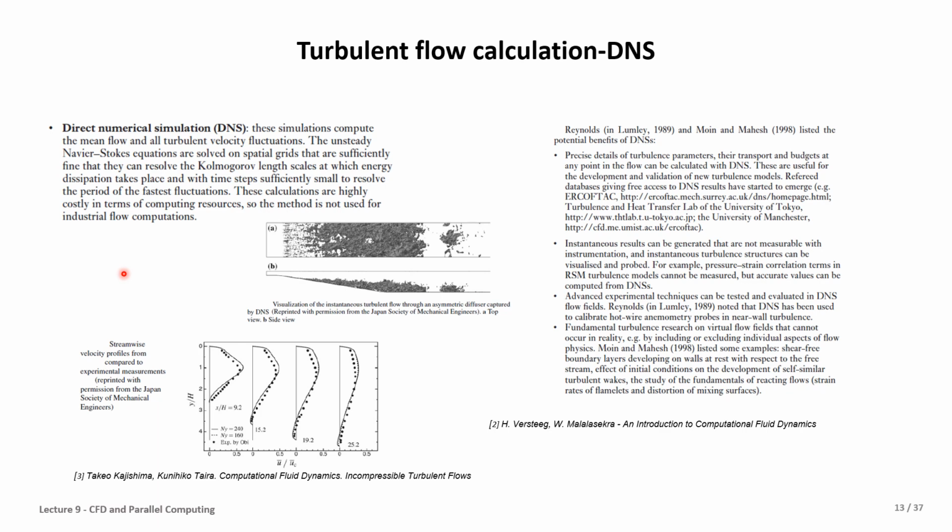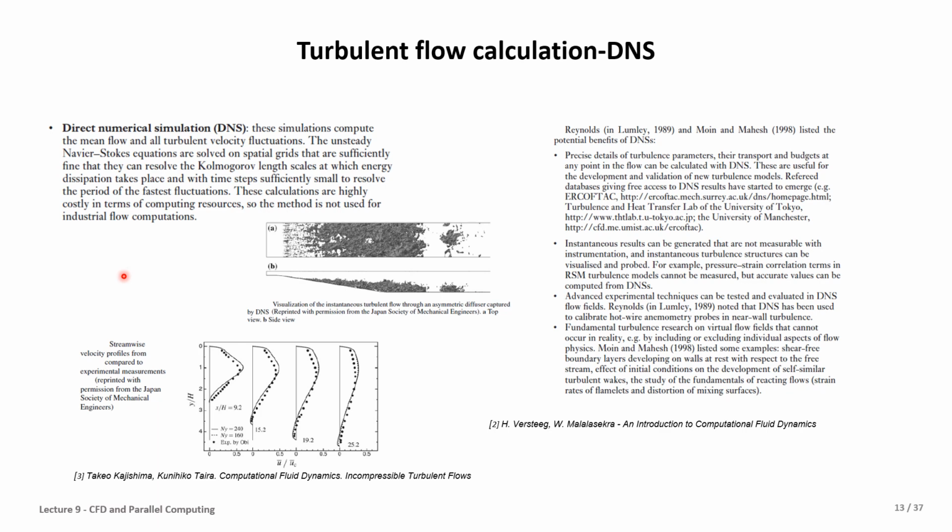So the method is not used for industrial flow computations. This is the main reason that we prefer to use RANS and LES. However, LES is also costlier than RANS, but for some problems we have to use LES instead of RANS. Regarding DNS, it has many benefits, and most of the solutions in this method match the experiment, and it's very accurate.